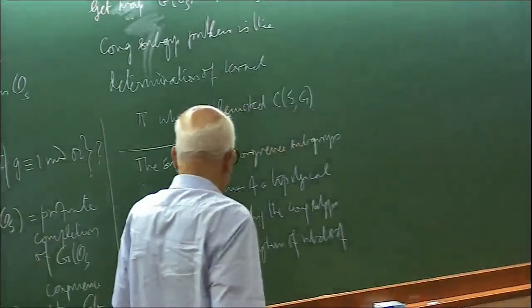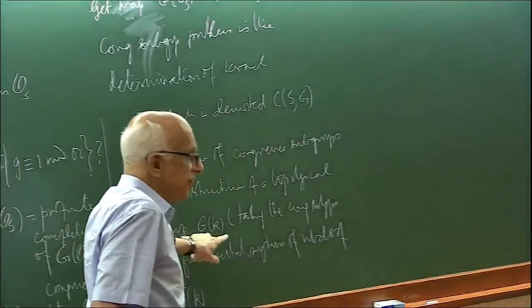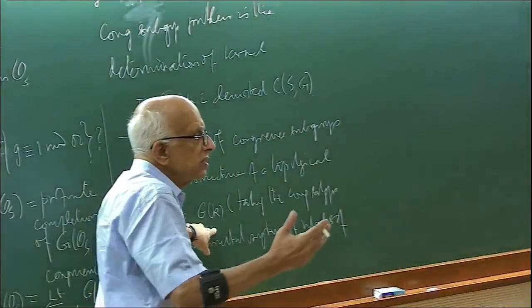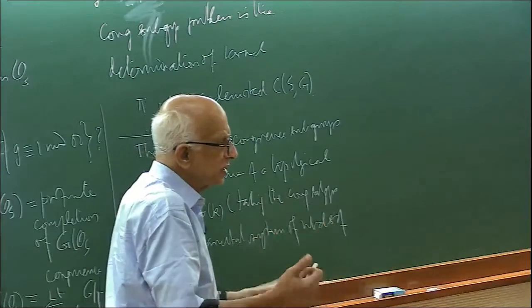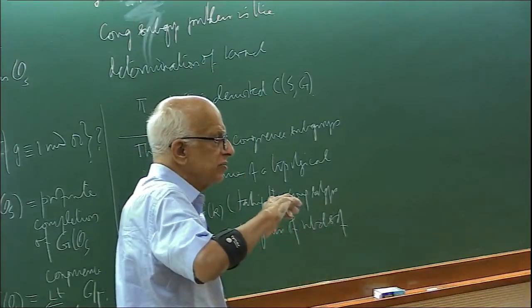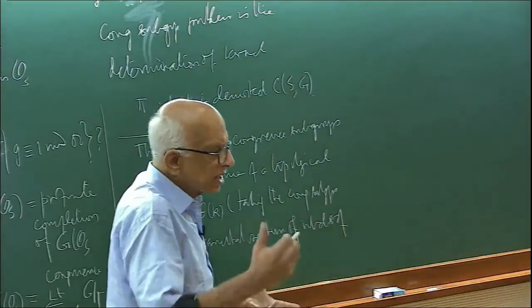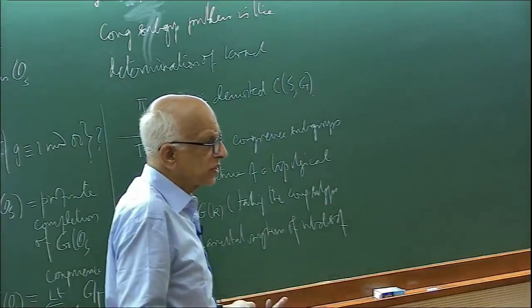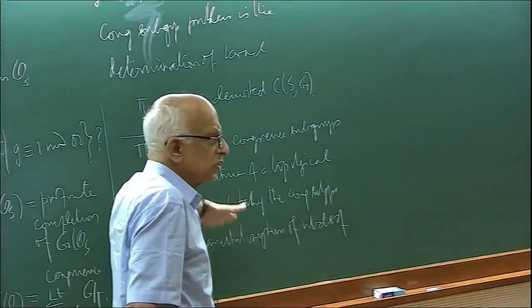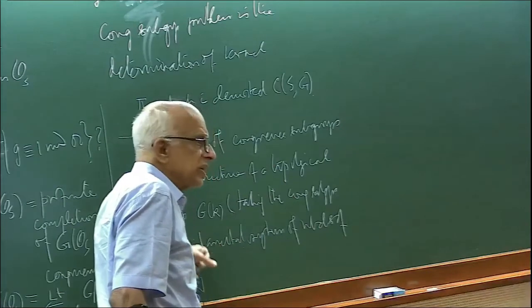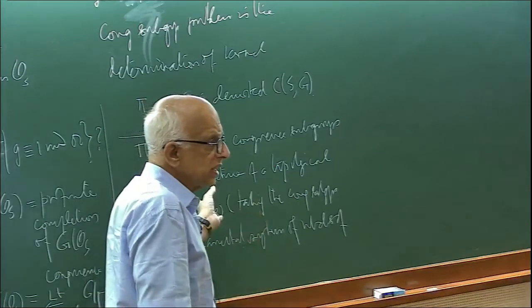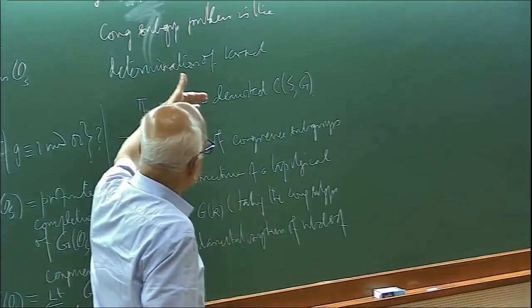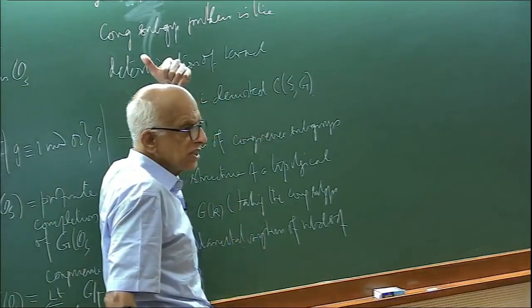That gives you a topology, and you can complete G_K with respect to this topology, taking the left uniform structure. You can also do it with the right uniform structure. It turns out there's a canonical identification between the completions of the left uniform structure and the right uniform structure. Those are technical points, but anyway, you can talk of the completion of G_K with respect to this family. And similarly, you can talk of the completion of G_K with respect to the family of subgroups of finite index in G_OS.